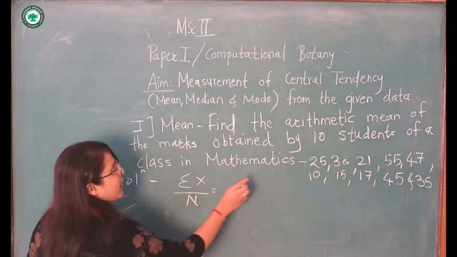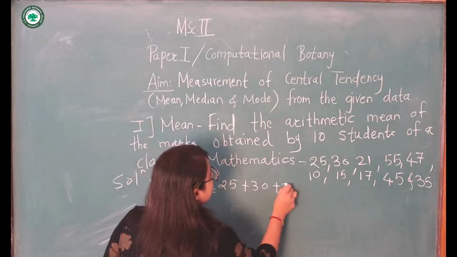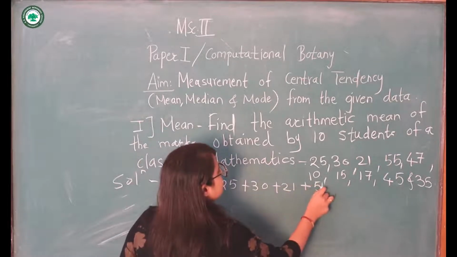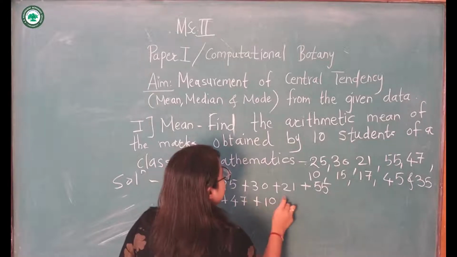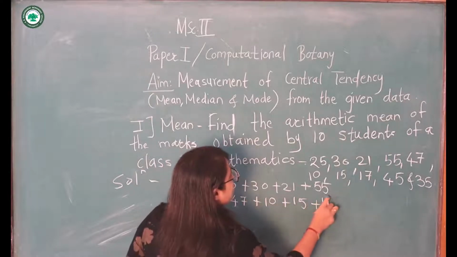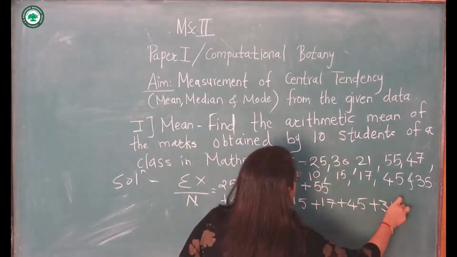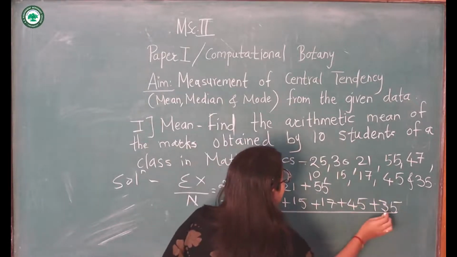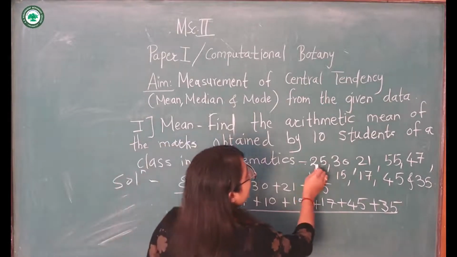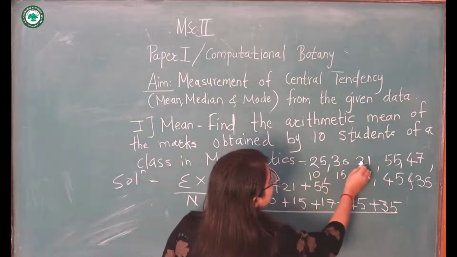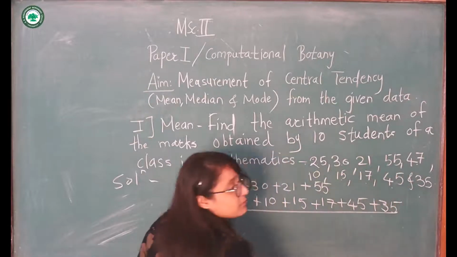Now you have to add all the values and divide by the number of observations, that is, how many numbers are there? 1, 2, 3, 4, 5, 6, 7, 8, 9, 10 numbers are there.